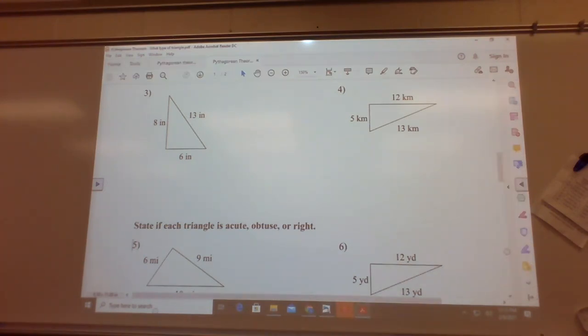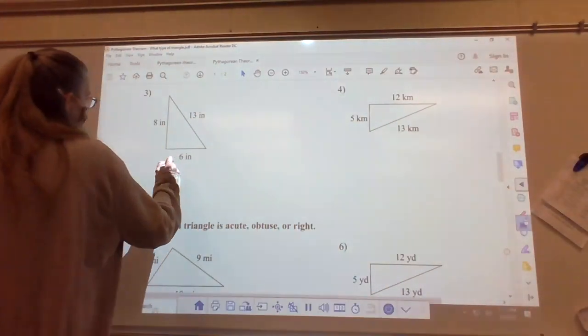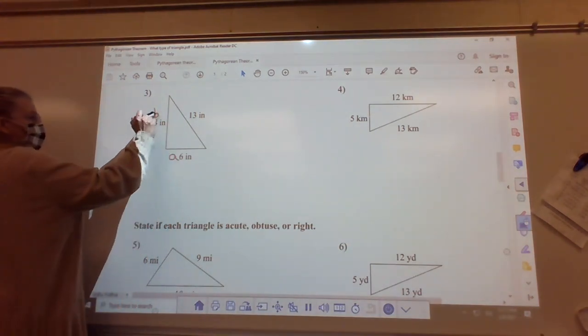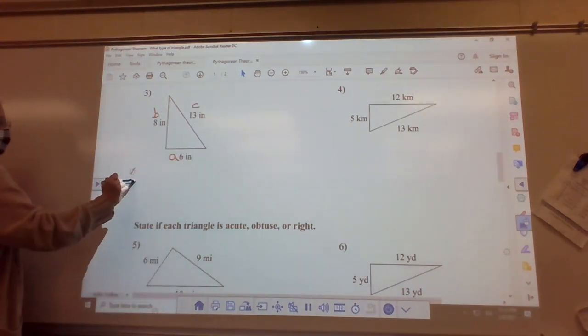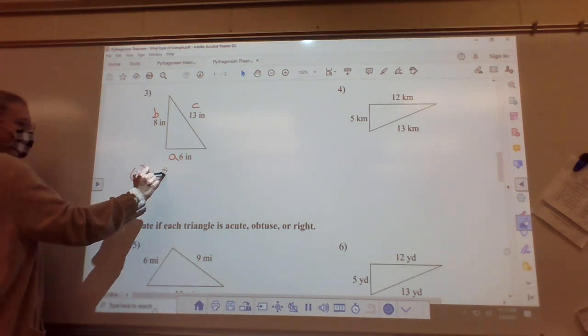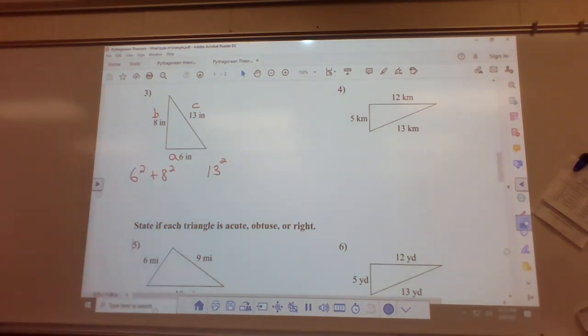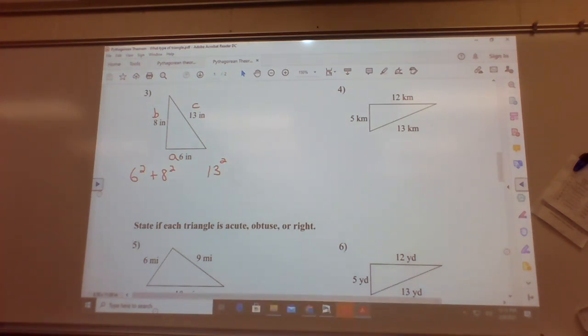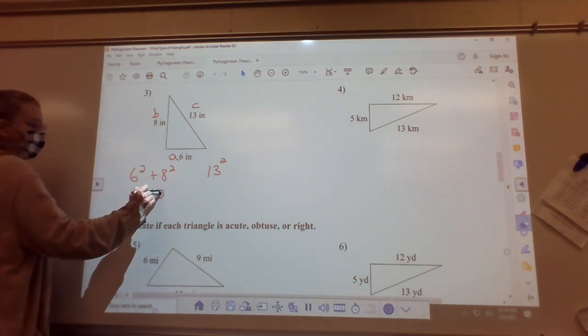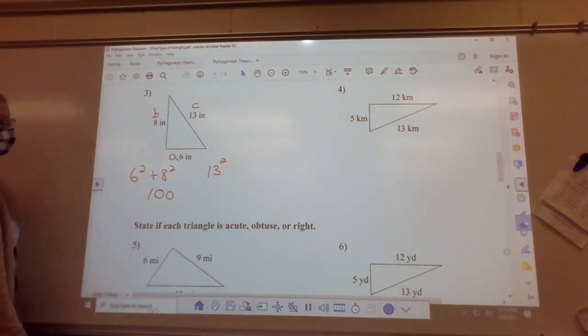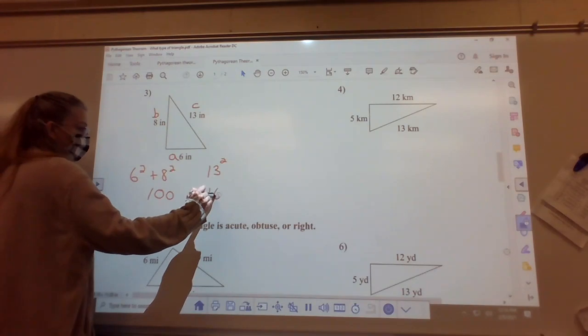Number 3. A, B, C, small, medium, large. 6 squared, 8 squared, leave a spot, 13 squared. The left-hand side, 6 squared plus 8 squared, is going to give you 100. 13 squared is 13 times 13, which is 169.